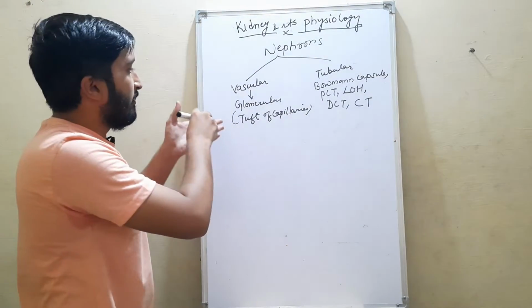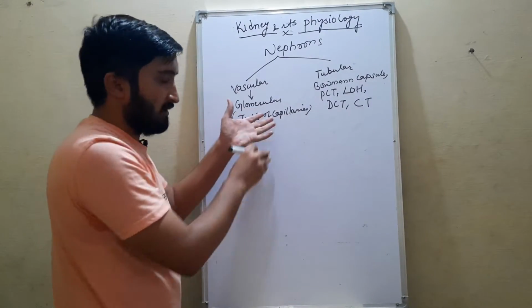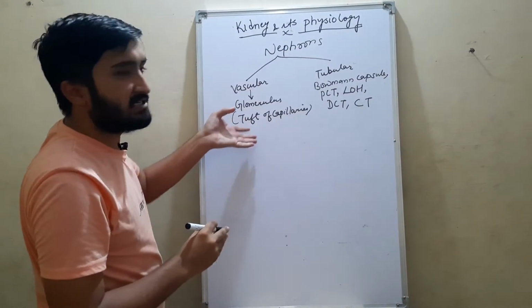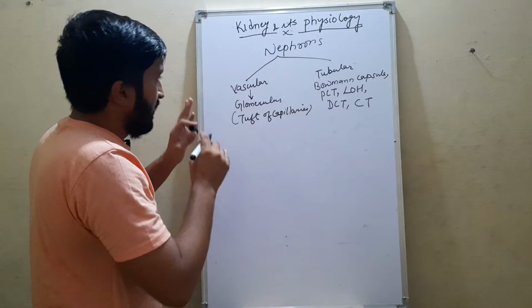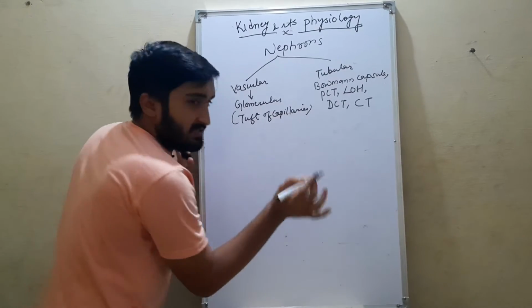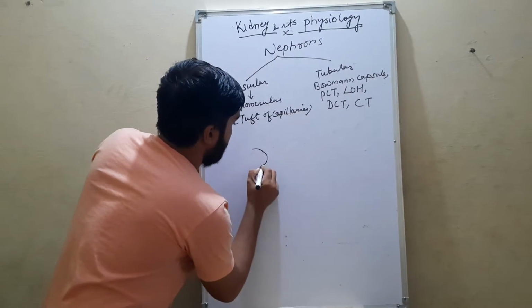The afferent arteriole now converts into these capillaries, the tuft of capillaries, which is further converted into the efferent arteriole. Now this is the structure of the nephron.